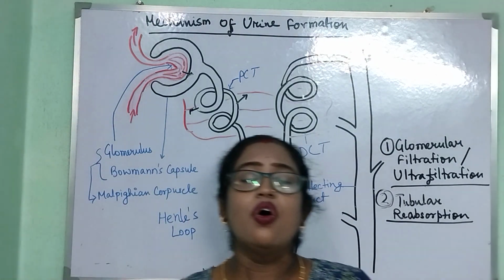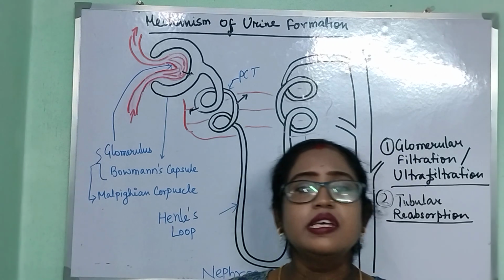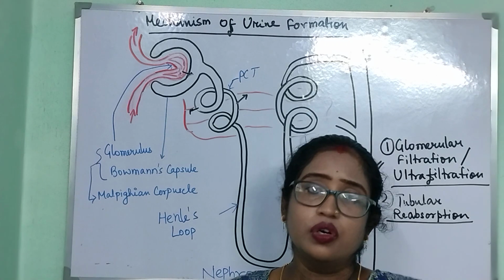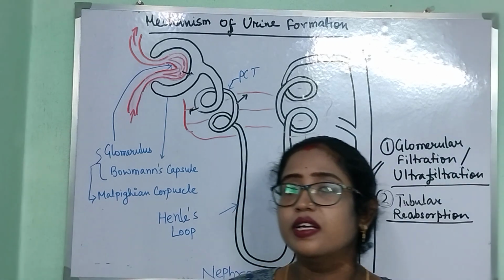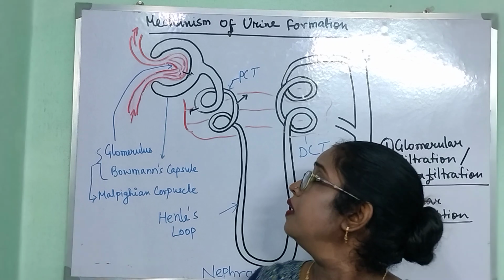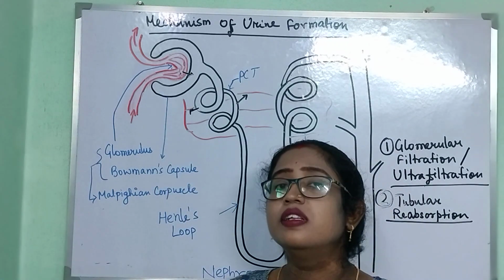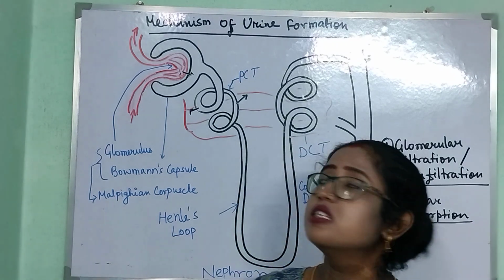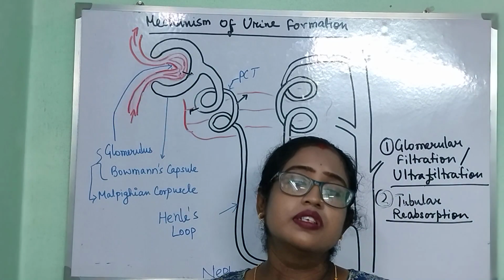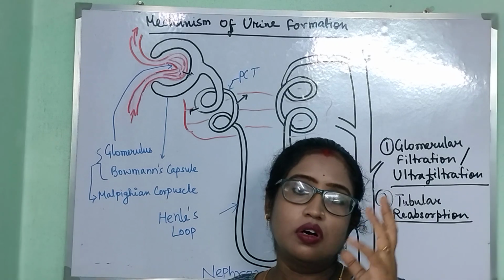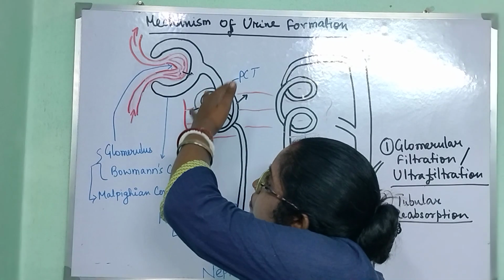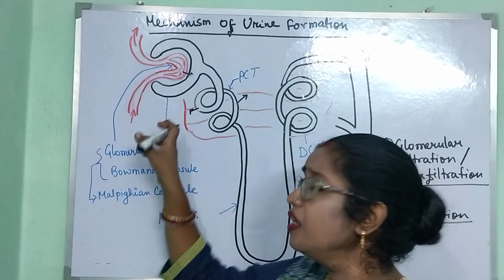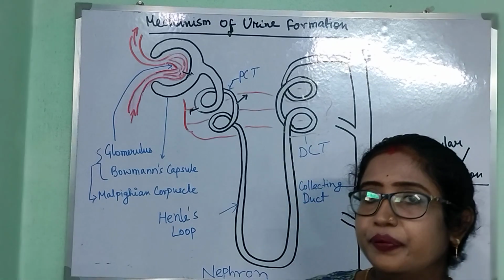This reabsorption depends on the amount present in the blood. If the amino acids, salt, or water are sufficiently present in the blood vessel, then the reabsorption rate is less, and if too much water, salt, or amino acid is filtered via the glomerulus, then the reabsorption rate becomes higher.